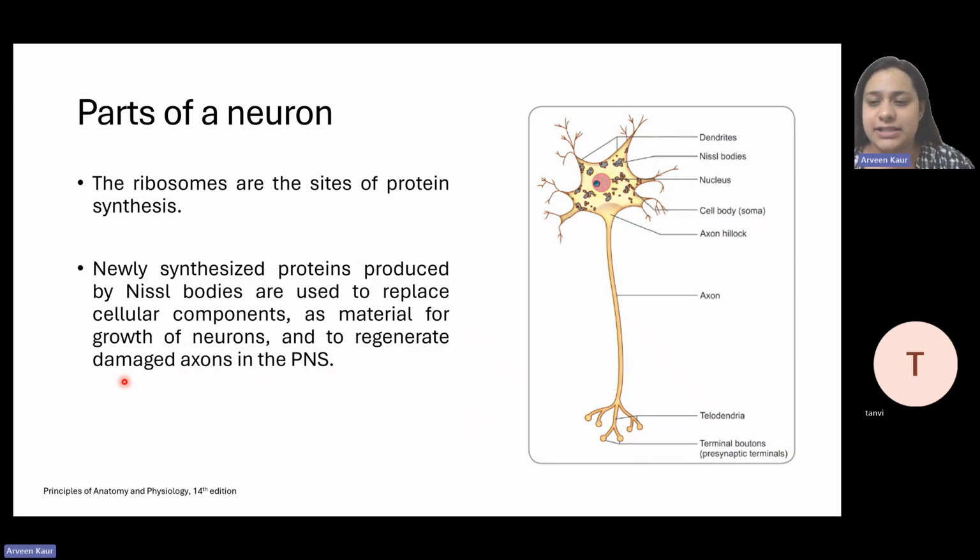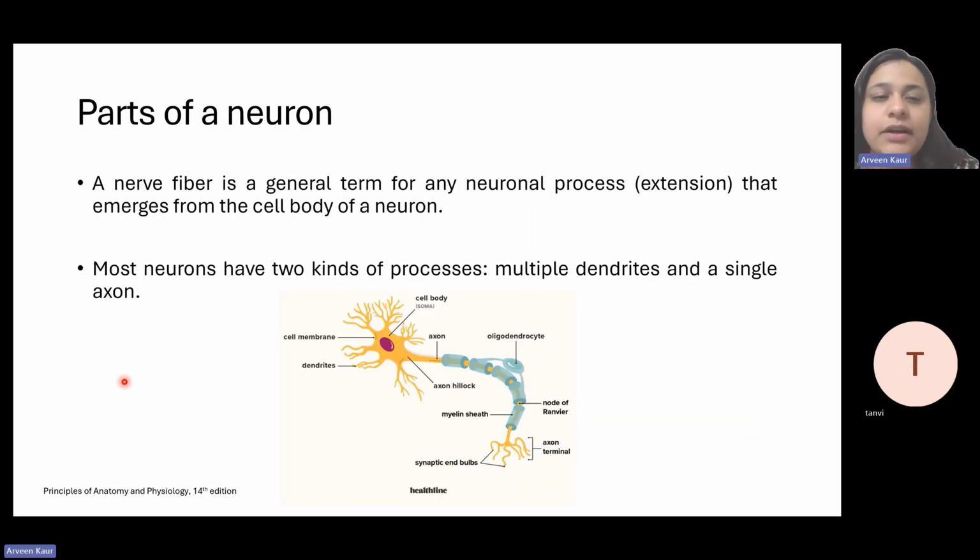There will be multiple cells involved in that regeneration. We will look at those cells also. And the part of the neuron that will help in the regeneration will actually be these Nissl bodies, because they will have that extra protein produced only for that purpose.